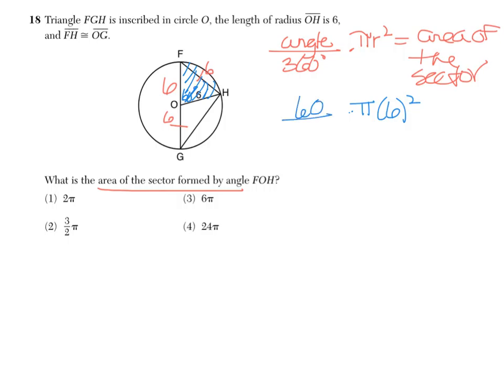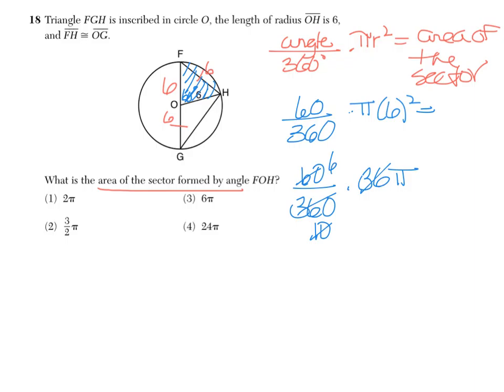So 60 divided by 360 times 36 pi. 36 goes into 360 10 times, and then 10 goes into 60 6 times, so we get 6 pi as a result.